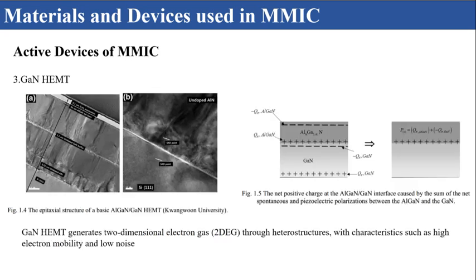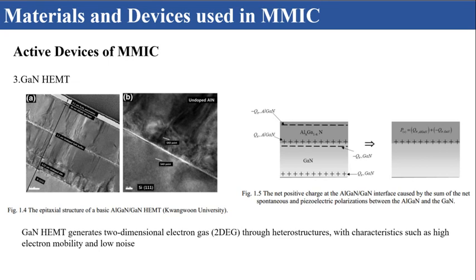The key issue in the operation of HEMT lies in the heterojunction interface between two semiconductor materials with different band gaps. The energy gap of aluminum gallium nitride is higher than that of gallium nitride. Silicon impurities donate electrons to the crystals.